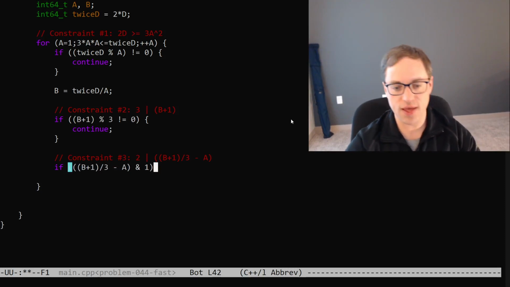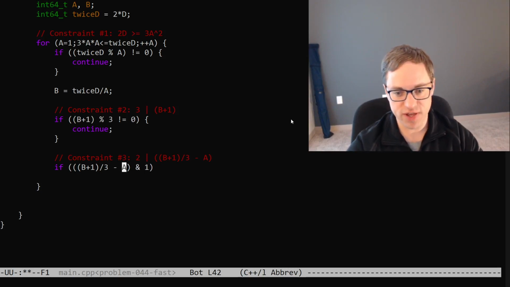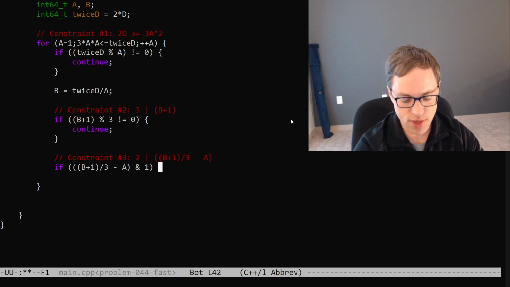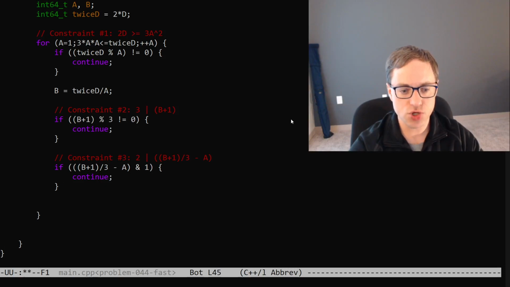So this is a way that you can check if a number is odd using the bitwise AND operator. So if this number is odd, it's not going to be divisible by 2. And so then we will also continue. Okay. And so those should be our 3 checks.